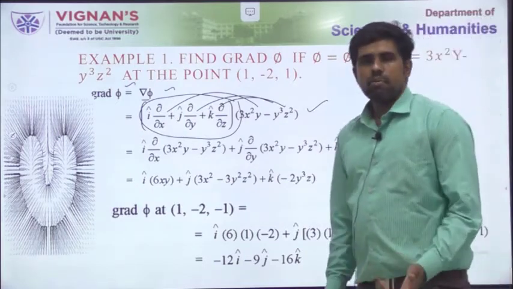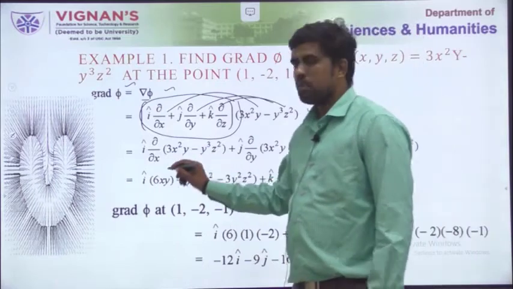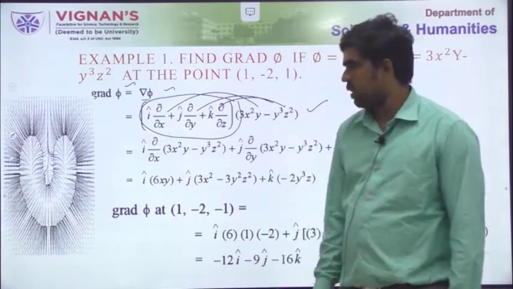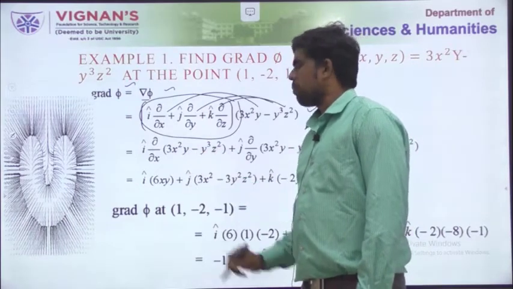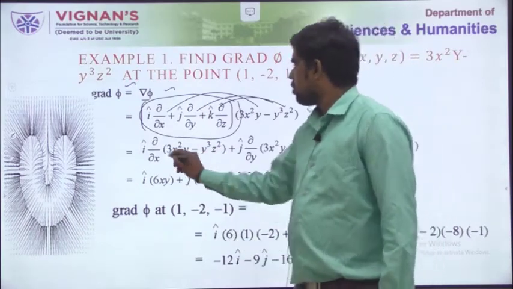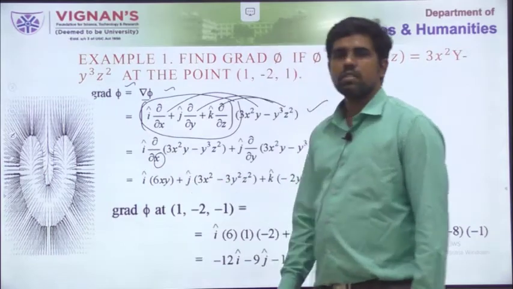As we know the partial derivative, what is that? Previous unit is full of partial derivatives. So dou by dou x of 3x square y minus y cube z square, you have to differentiate with respect to x.